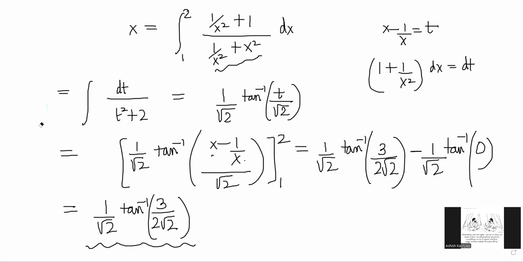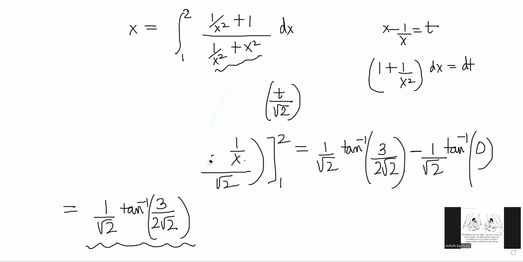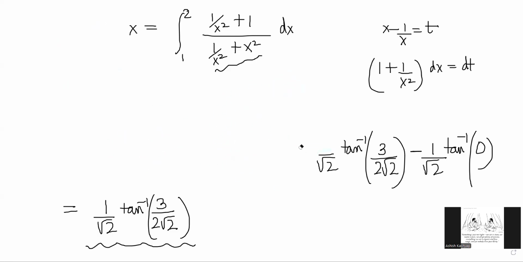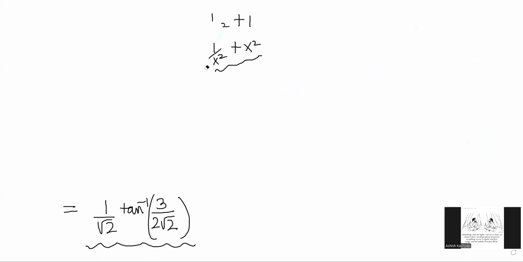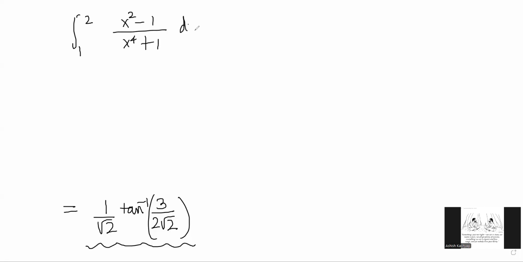So I will just write down this value here and rub off everything else, and I will do the other integral, the second integral, which also has to be calculated, right? So let's do that. It will also be done by a similar substitution. The second integral was integral of 1 to 2 x square minus 1 by x power 4 plus 1 dx.